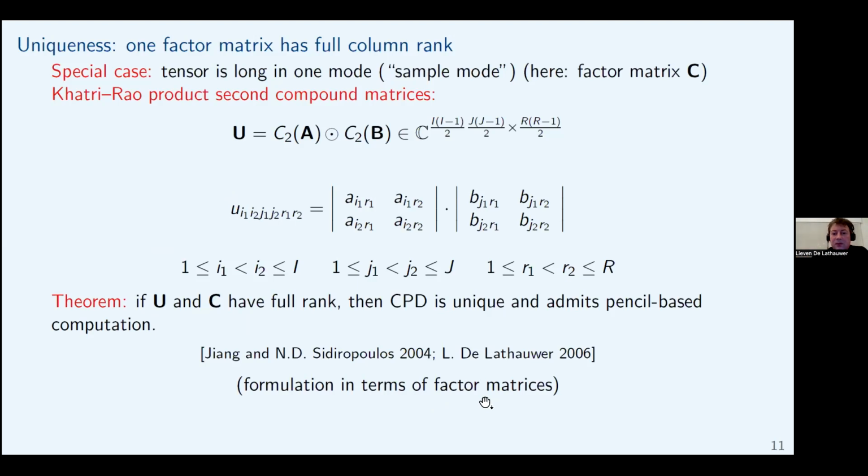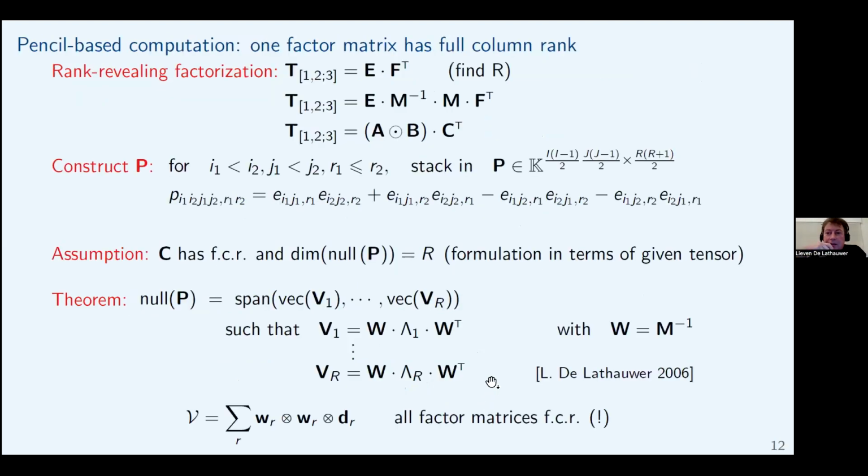Well, there exist variants of this theorem where from your tensor T, you can derive matrices. Here it's a matrix P instead of a matrix U. The C matrix, I mean, you can replace it by something else.